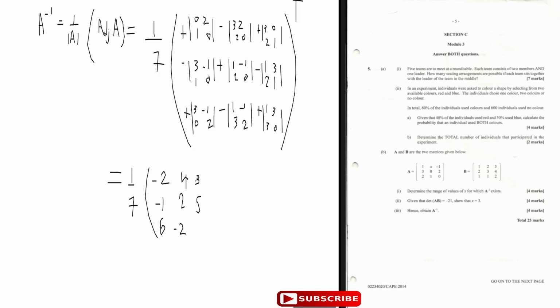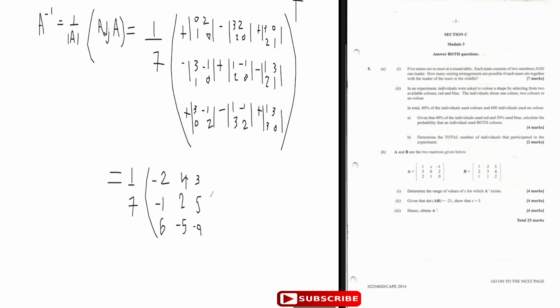All right, that should be fine now. So this shouldn't be minus 2. This is 2 minus 3. So this is negative 5. Then 1 times 0 is 0. 0 minus 3 is minus 9.